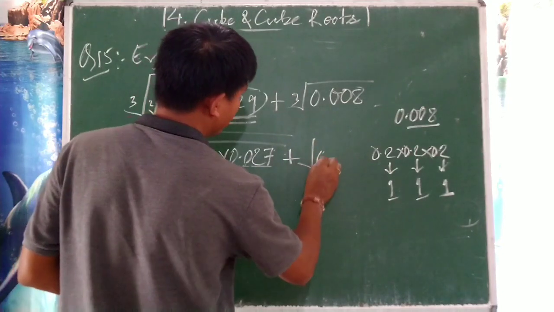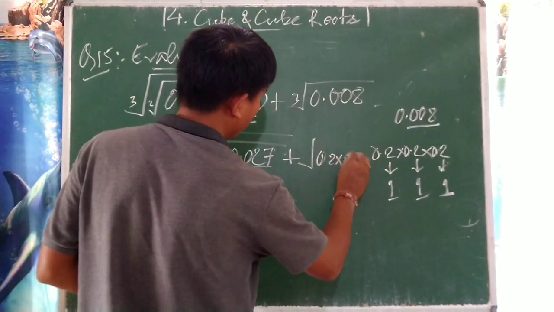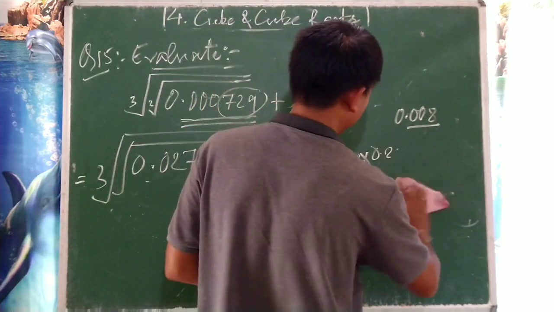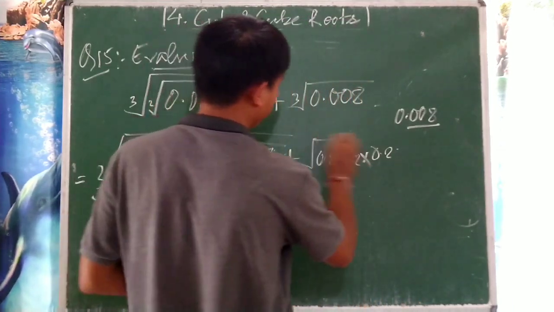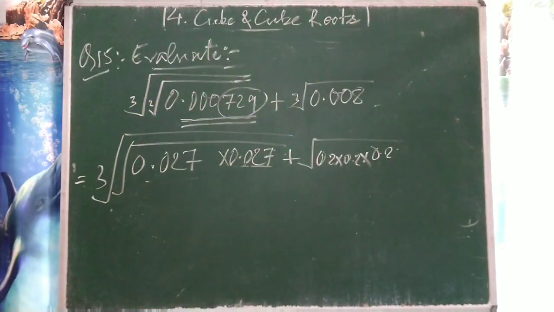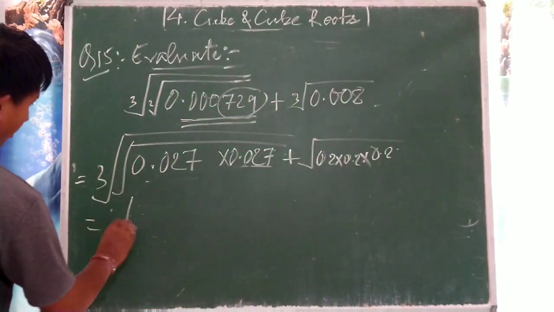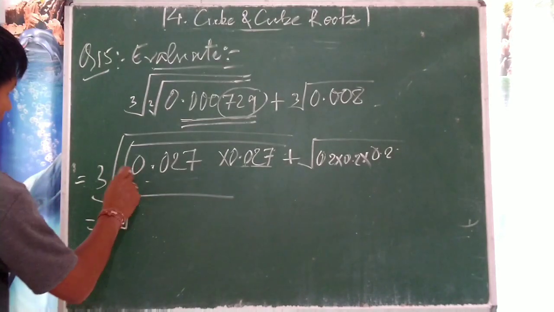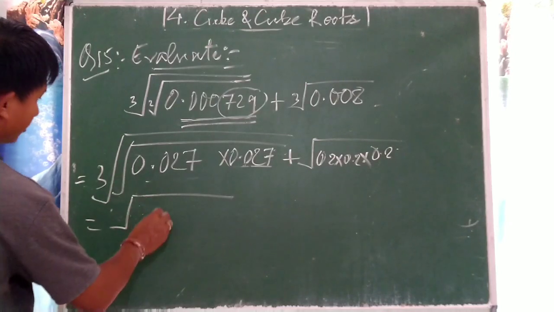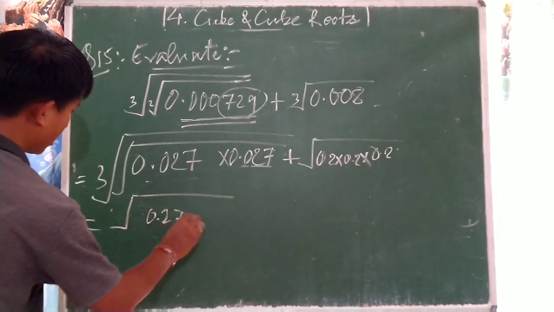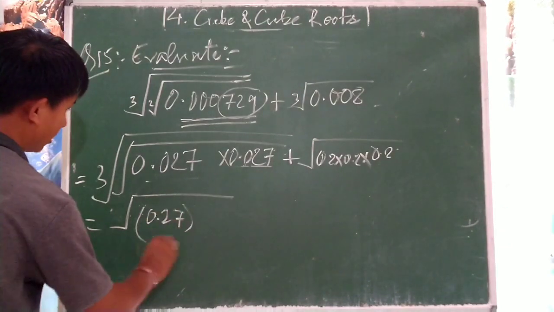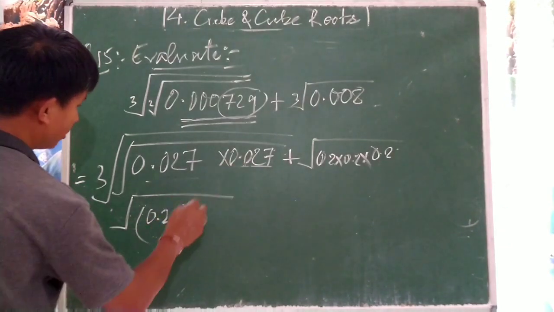So if you put 0.2 into 0.2 into 0.2, we can remove this root. So 0.27. If you have any confusion, it's like this is already 2 times.